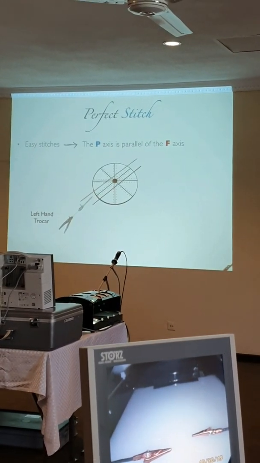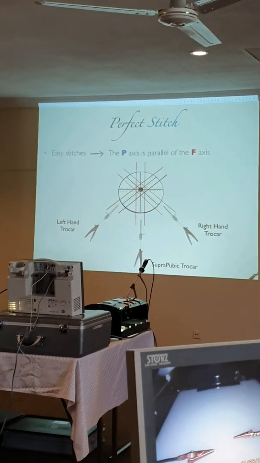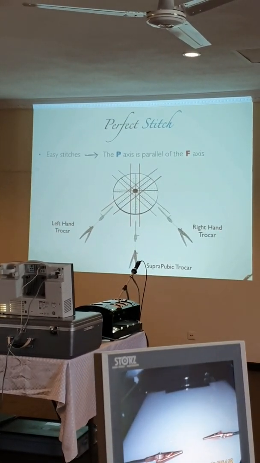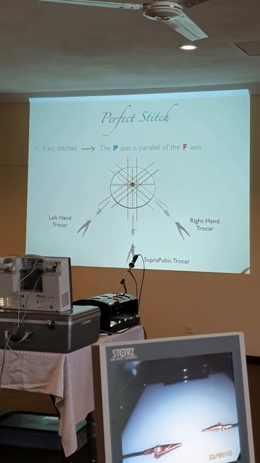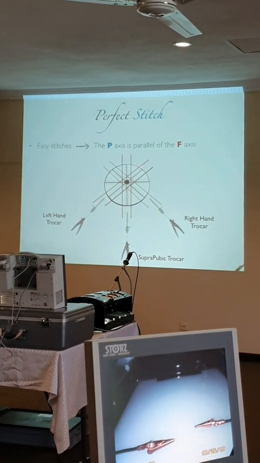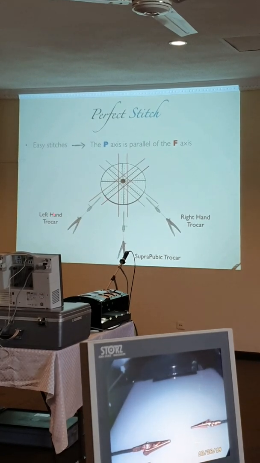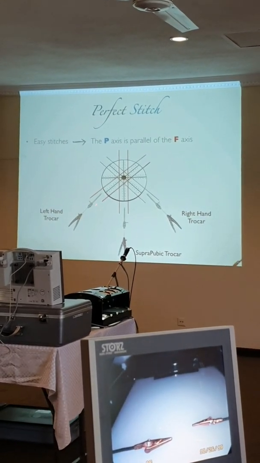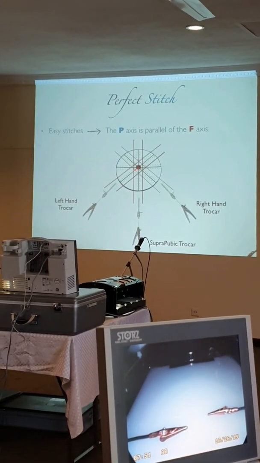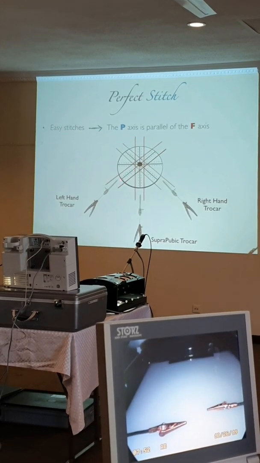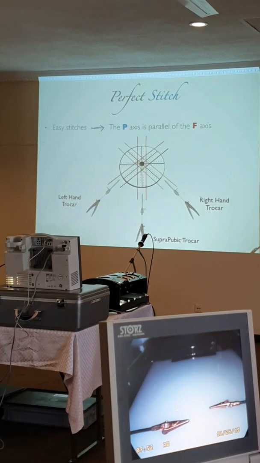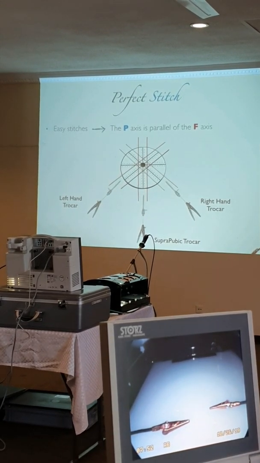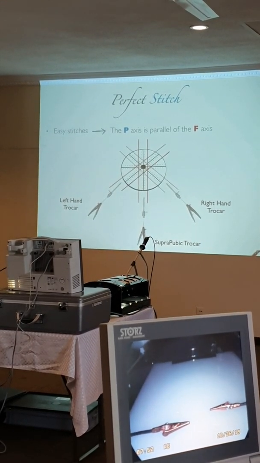When I said to you, the P axis is parallel to the F axis. So look here, what the professor said to you now. When you stay in this situation of the left hand trocar, the perfect stitch is here. When you make the suture in this line, you make the easy stitches.